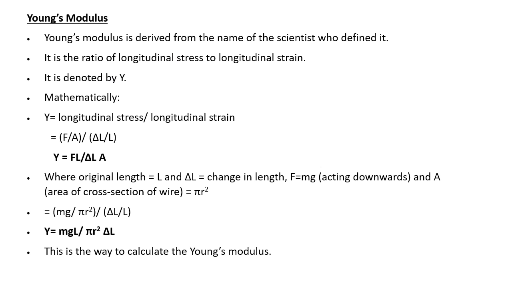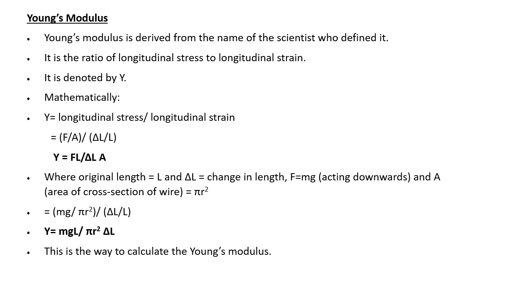Young's modulus of elasticity. Within the elastic limit, the ratio of longitudinal stress to longitudinal strain is called Young's modulus of the material of the wire. Mathematically, Y is equal to longitudinal stress divided by longitudinal strain.